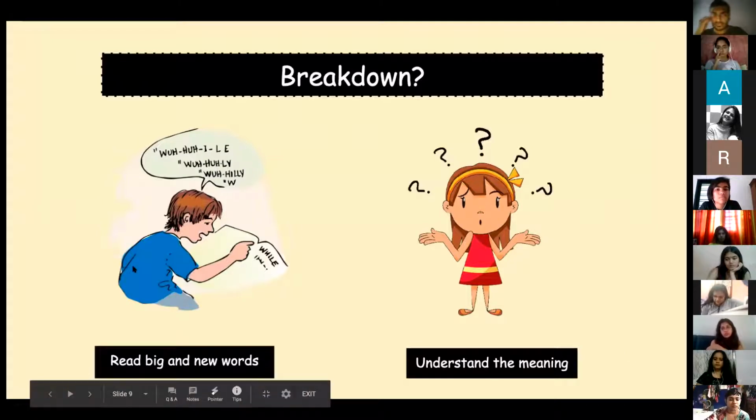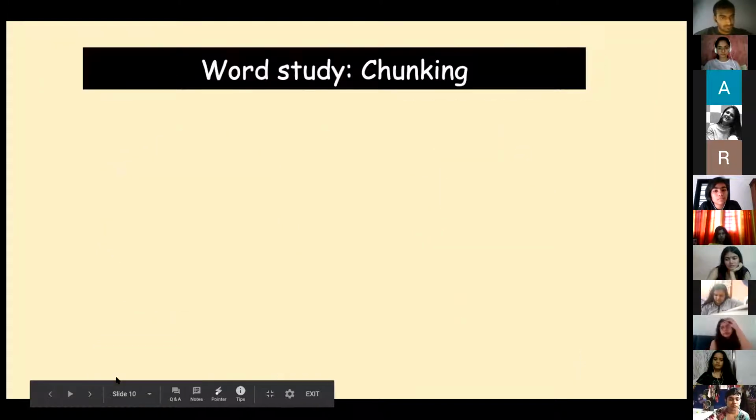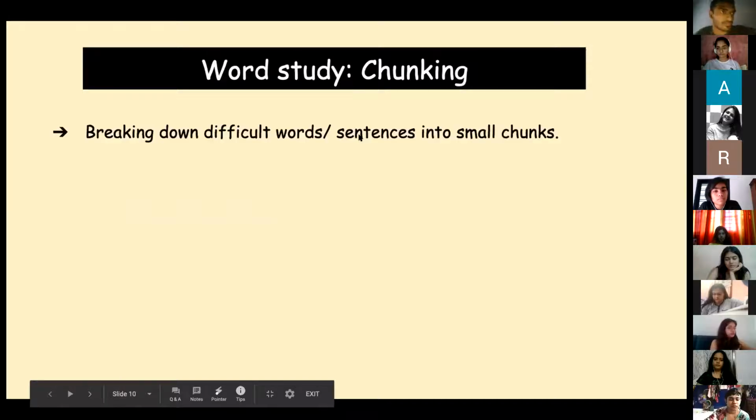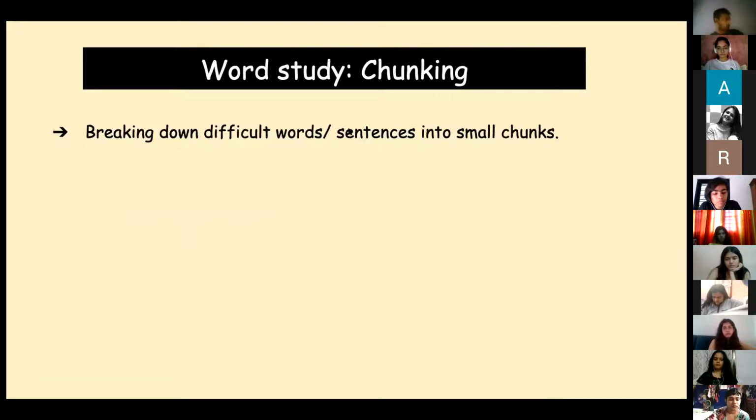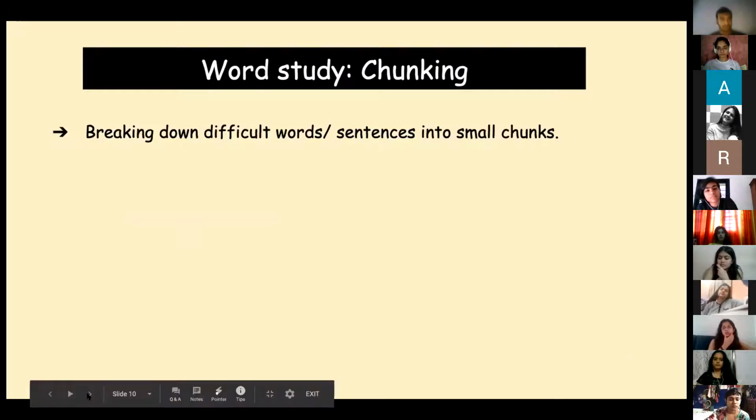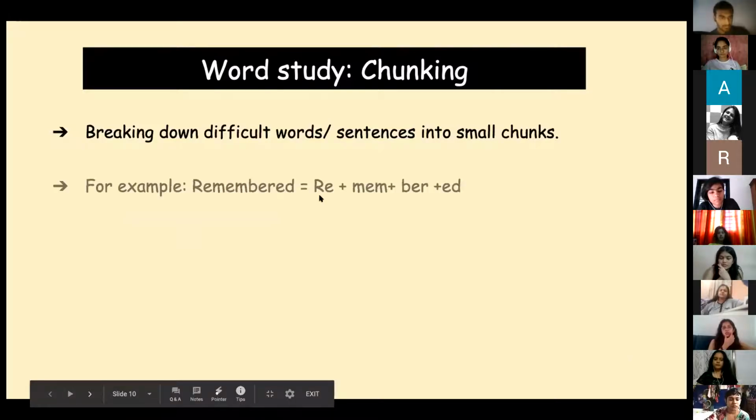So the first strategy that we are going to encourage them to use is to break down the difficult words, and that strategy is called chunking. Okay, when you chunk, you break big words into smaller words and big sentences into smaller sentences, right? What it's going to look like basically is: remembered is re-membered.